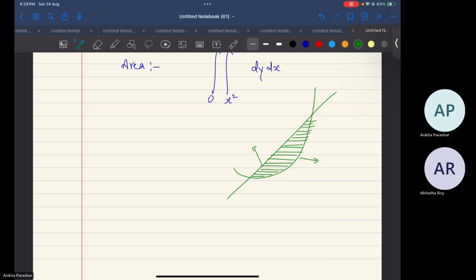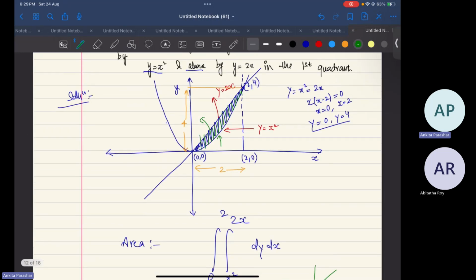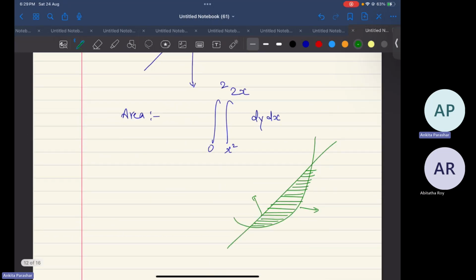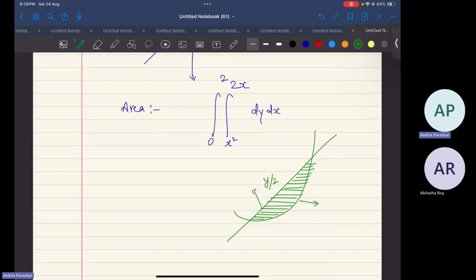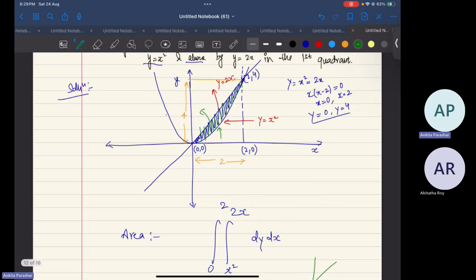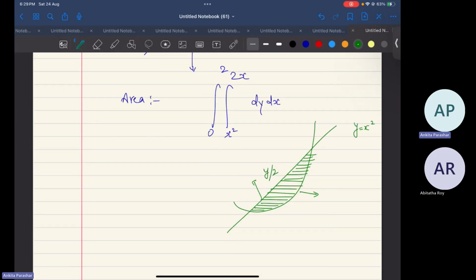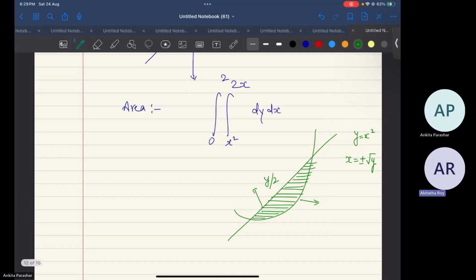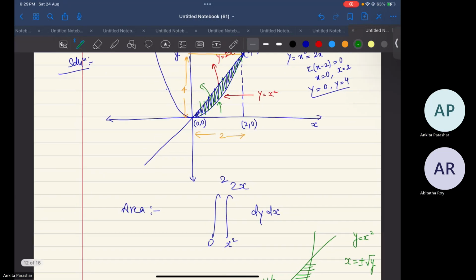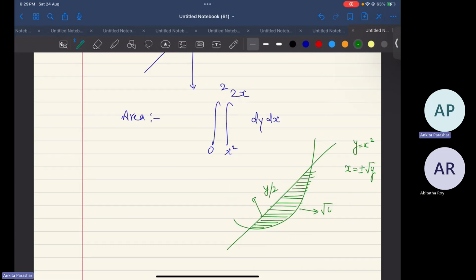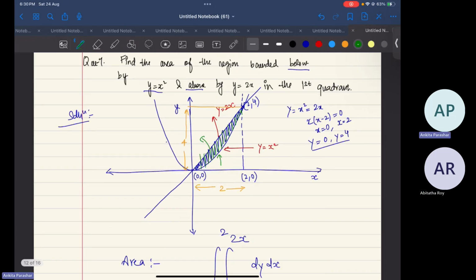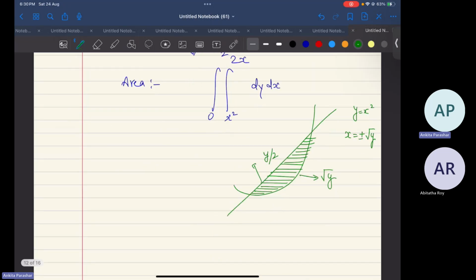Writing them in terms of y will not be very simple, but one can write this as y by 2, and since y is equal to x square, you have two choices, x equal to plus minus root y. Which one will you choose? You will choose root y, because the graph is at the positive side of the y axis, so you have only positive values.